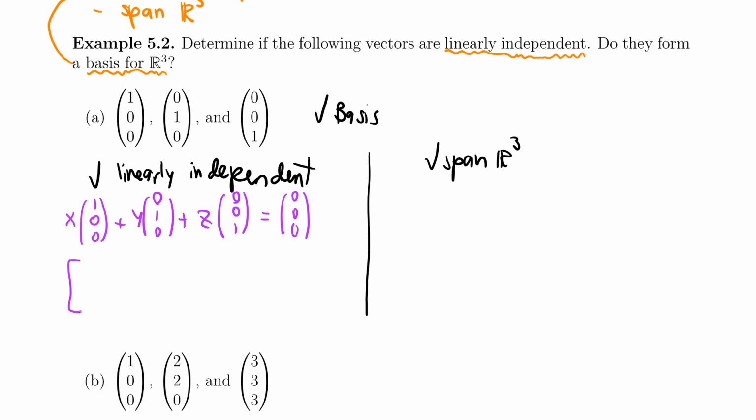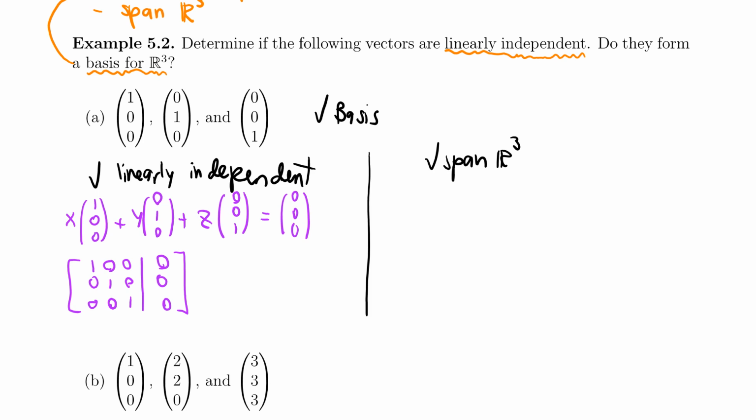So let's write the augmented matrix for this system. I'm going to have here 1, 0, 0, 0, 1, 0, 0, 0, 1, and then my right hand side is just all 0. And lucky for us, this matrix is actually already in the reduced row echelon form, so I know the only solution is x equal to 0, y equal to 0, and z equal to 0, so they are indeed linearly independent.